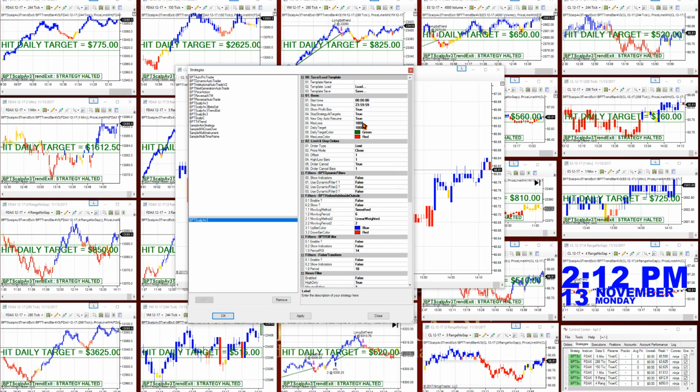Once you hit the target 500, the auto trade will stop, or if you want to hit 1,000, the auto trade will stop. And then we left it for, if you want to make a template, if you want to mess with the filters, because if you want to go market order, you can do that.